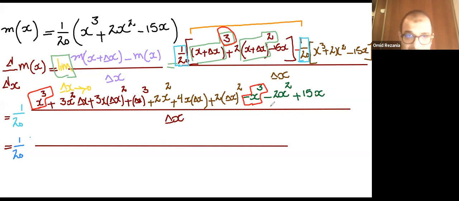Look at that. I have minus 2x to the power 2, and I have here plus 2x to the power 2. And what else can I simplify? It seems nothing more left. That's right. These two terms only vanish.